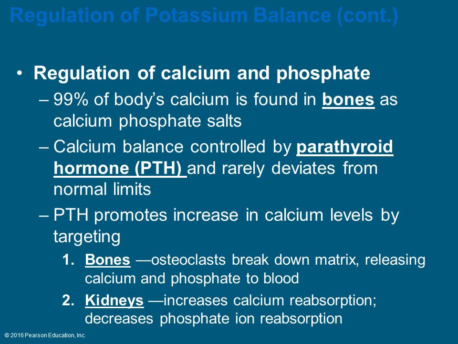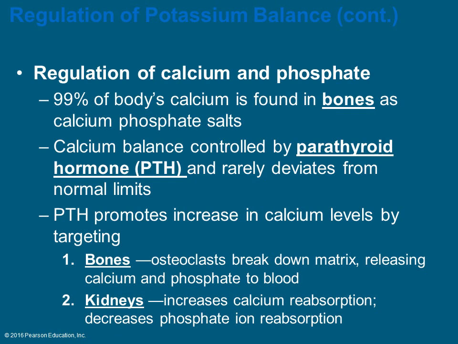It's closely monitored. If you need to increase levels in the blood, because the levels are low, you want to increase those levels. In the bones, the osteoclasts, which are responsible for breaking down that matrix, will become stimulated so that they break down that matrix and release that calcium, but it's also going to release phosphate into the blood.